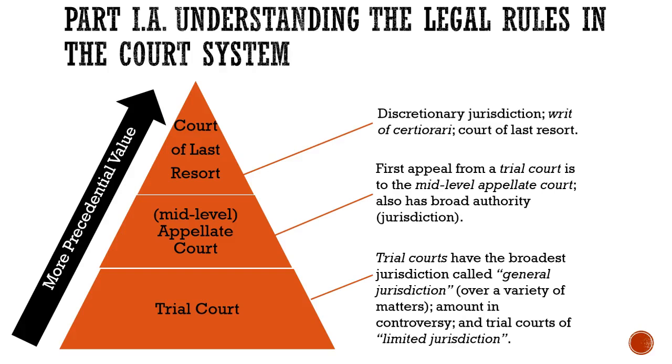Discretionary jurisdiction we talked about in the previous slide. That's the court of last resort, which has discretionary jurisdiction, and a writ of certiorari is the method used to request that the court take on a decision from the mid-level appellate court.